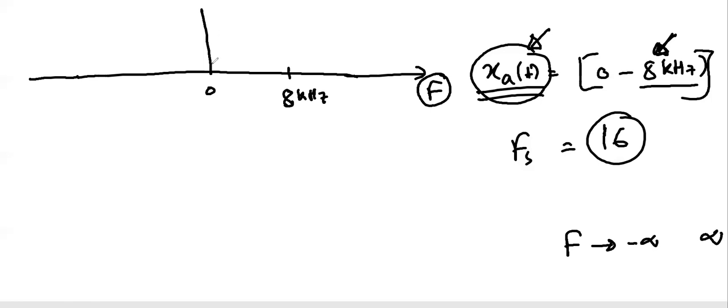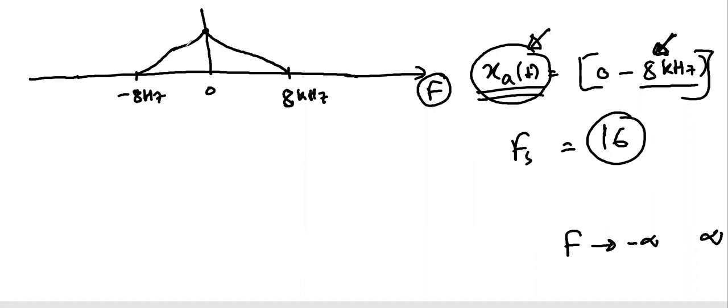Let's say that 0 hertz, that means the DC value, has a higher strength, and the 8 kilohertz has the lower strength. So this is the signal frequency. And in the negative domain, you will have the same thing at -8 kilohertz. We'll talk about the negative frequency afterwards.